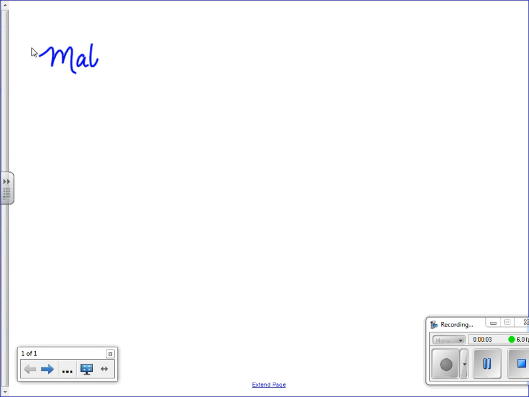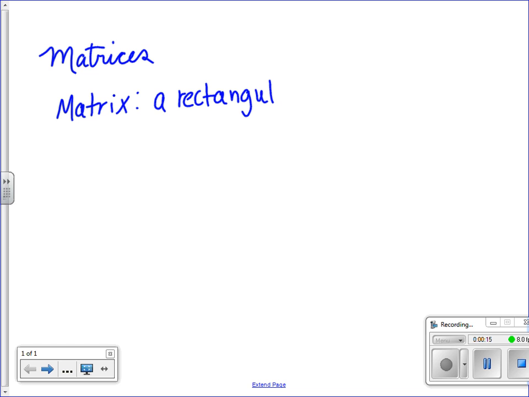Alright, matrices. A matrix is basically just a rectangular arrangement of numbers. They're pretty handy though.